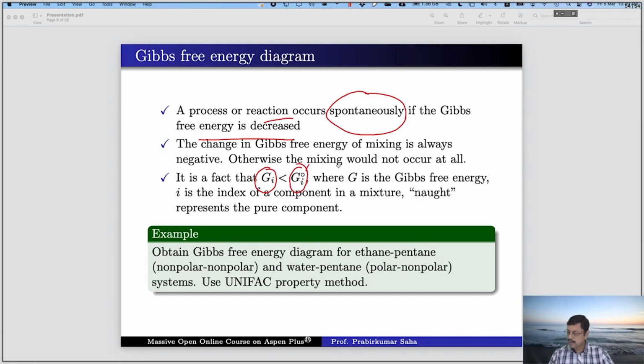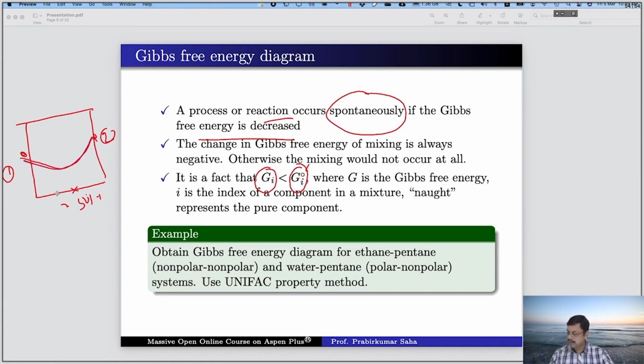So suppose it's a binary mixture, then this is the Gibbs free energy of component 1, and this is the Gibbs free energy of component 2. If it is a 50-50 mixture, then the Gibbs free energy should look like this. Then only the mixing is spontaneous.